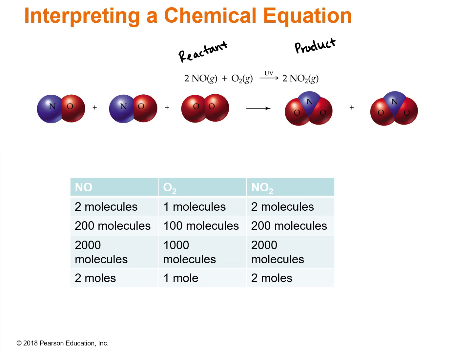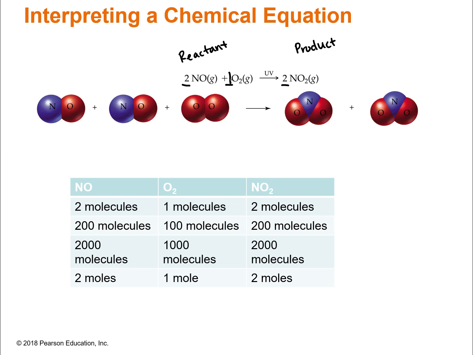The coefficients that are in front of each compound, and remember, if there's no coefficient written, it's a 1. These coefficients can be interpreted as number of molecules, but it can also be interpreted as number of moles.